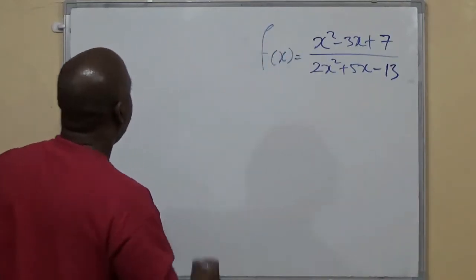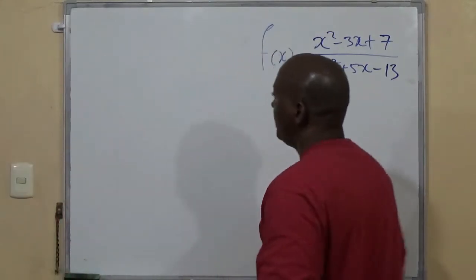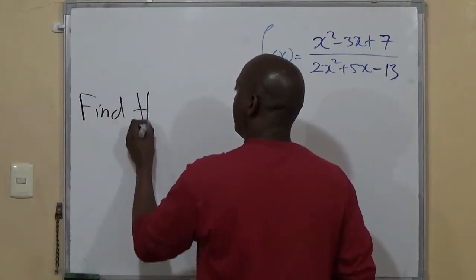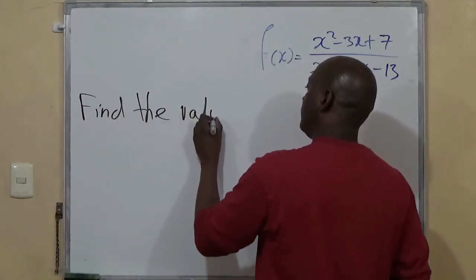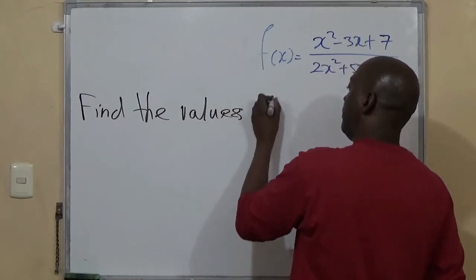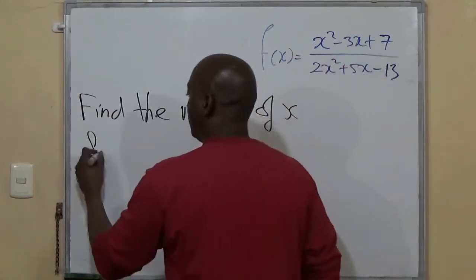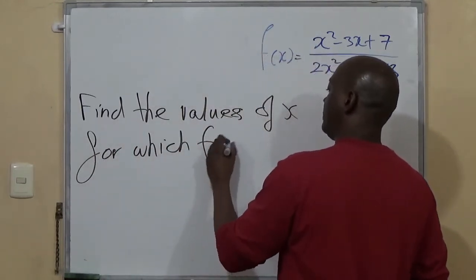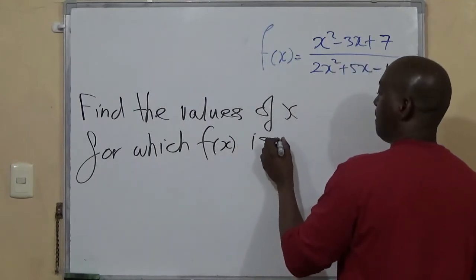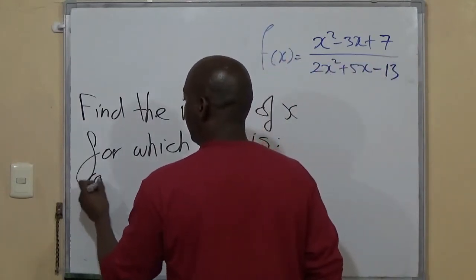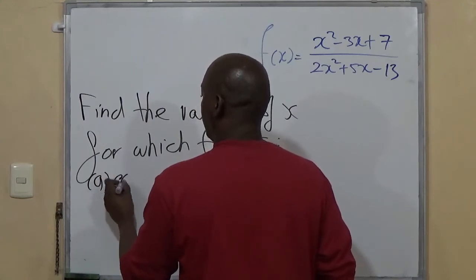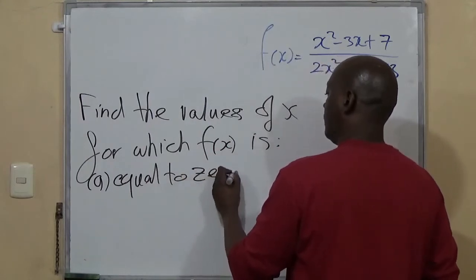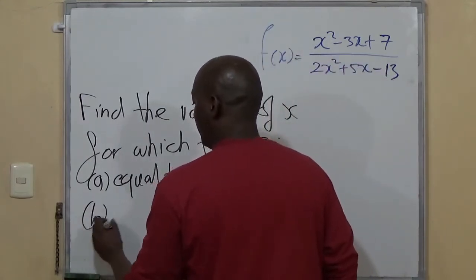They would say, find the values of x for which the function f of x is a) equal to 0 and b) undefined.